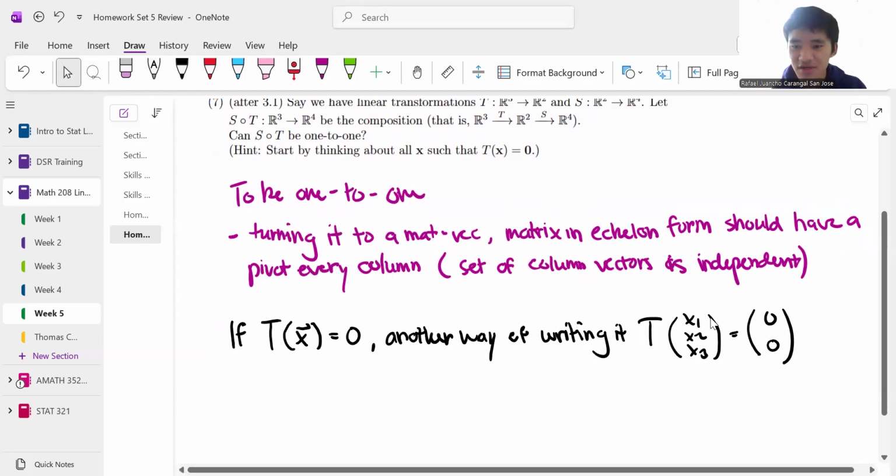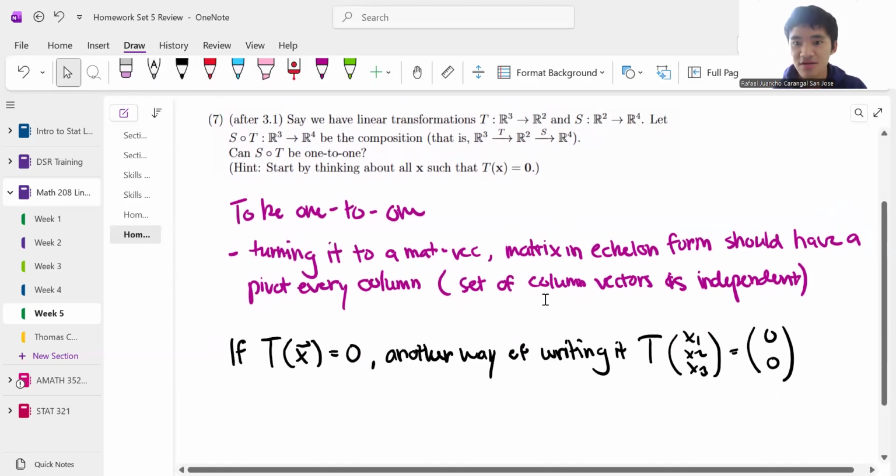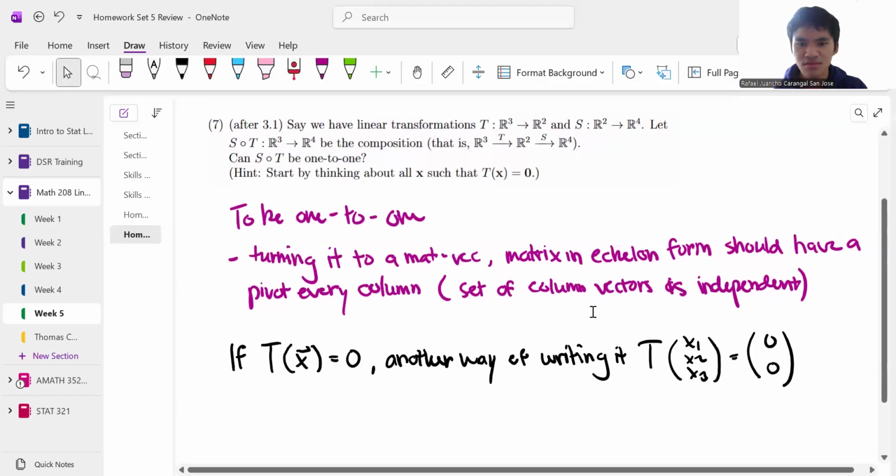I mean, it is if we have a matrix 2 by 3, right? Because we just reverse it. We should be able to get this. But the question we're asking is if S of T can be 1 to 1.